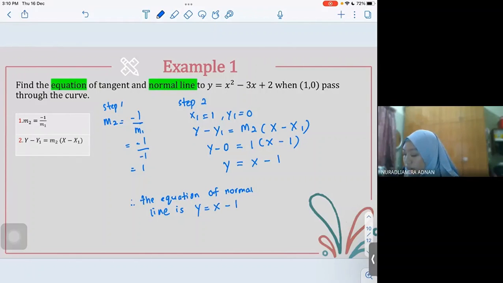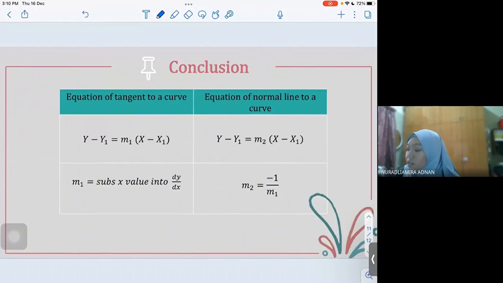Correct. So as for the conclusion, the equation of a tangent to a curve is y minus y1 equals m1 times (x minus x1).